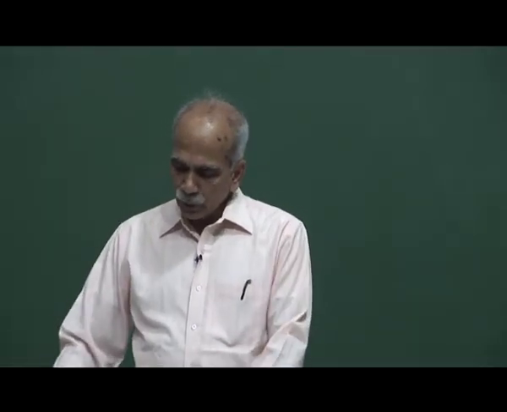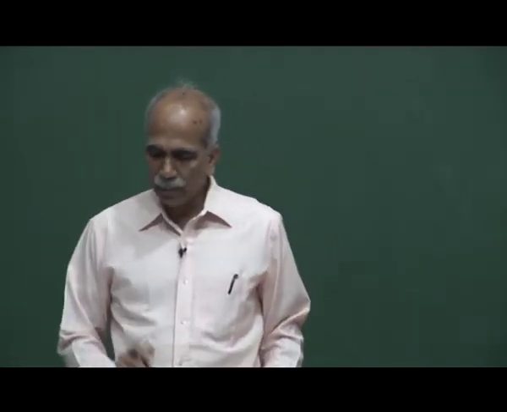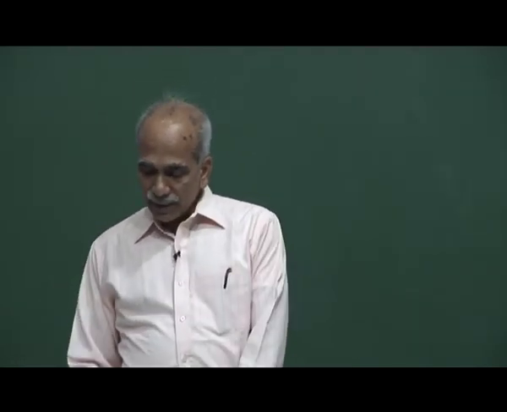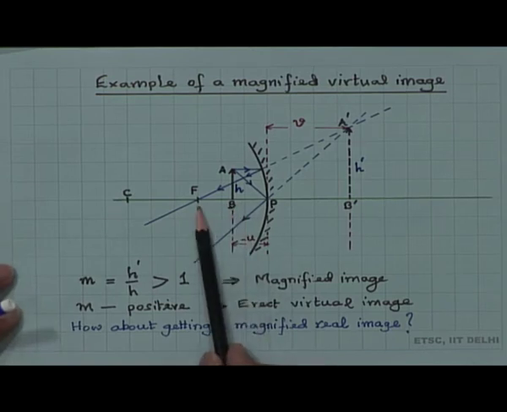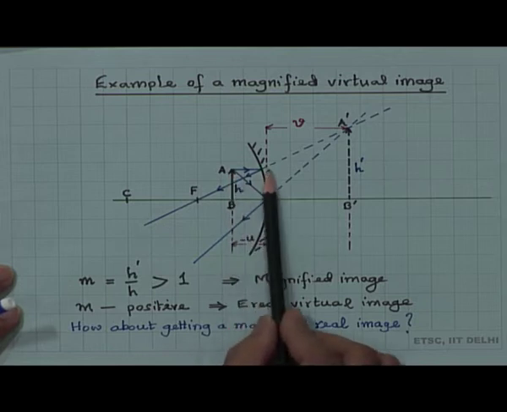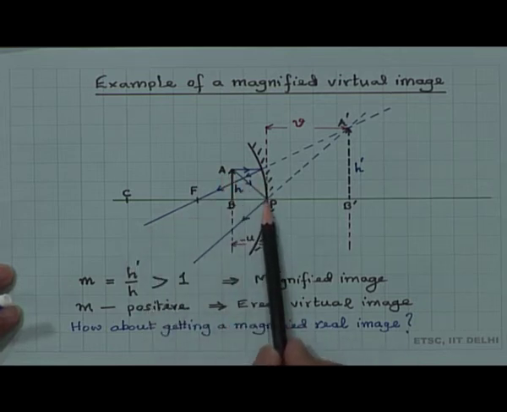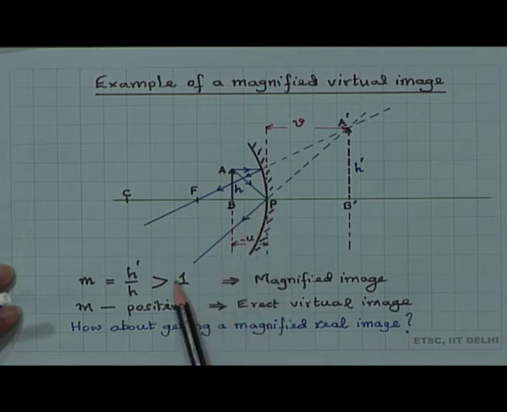Let me take another example here very quickly to show when we have a magnified image and when m is positive. I have now considered the object between the principal focus and pole. So AB is here, a parallel ray goes in this direction, and the ray to the pole gets reflected in this direction.